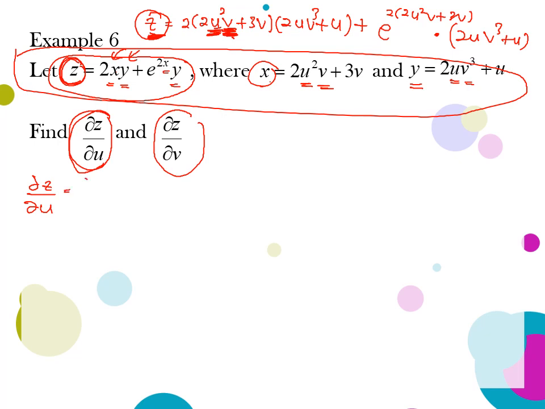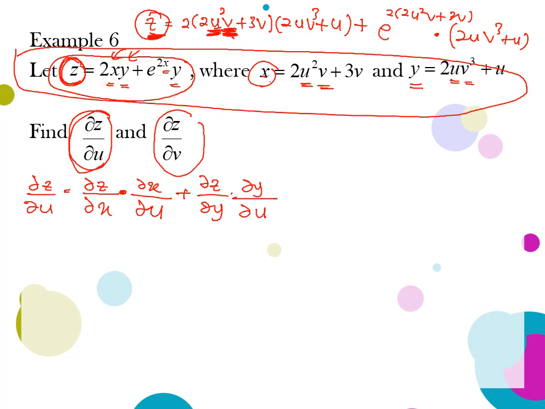Okay, this will be differentiating del z with respect to your x. Okay, you have x here, right? But you need to multiply with del x, del u. Okay, where this will cancel the x and the x, so just left with del z, del u. Okay, don't forget z has one more variable which is y, so del z partially differentiate with respect to y and then differentiate your y with respect to your u.